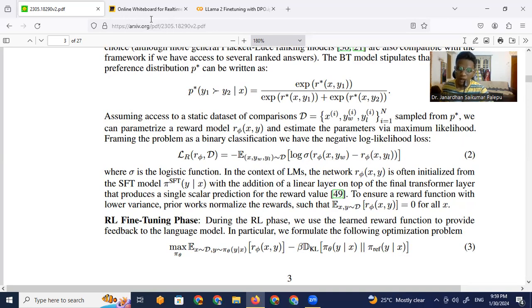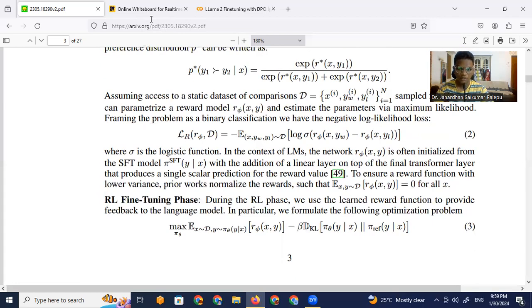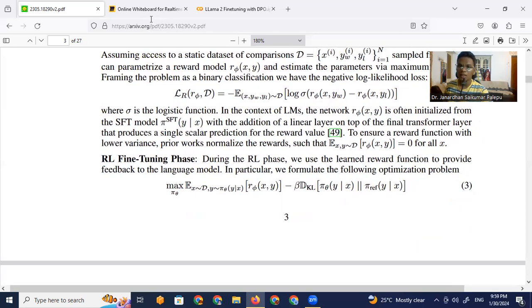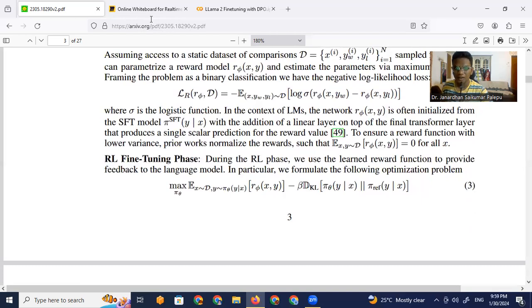For this term to increase, the model should give higher reward to YW, the preferred answer, and lesser reward to the unpreferred, or rejected, answer. That is the loss function of the reward model.